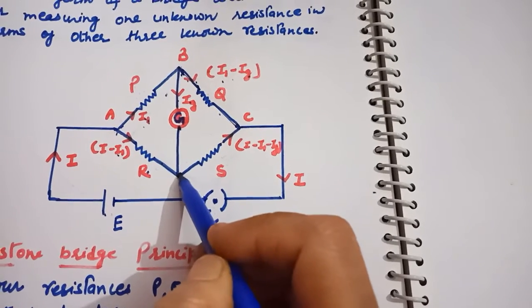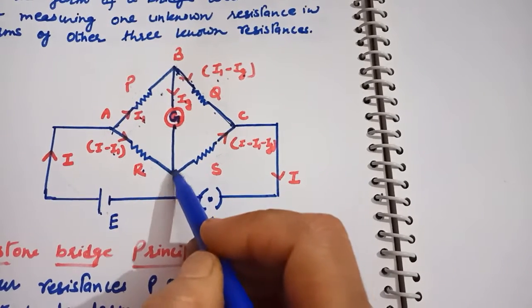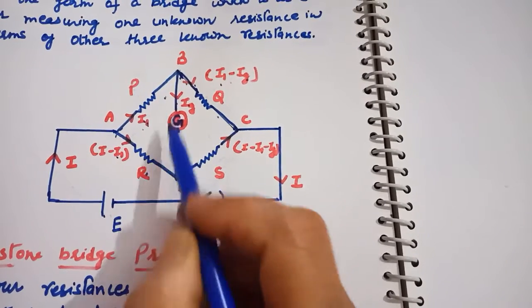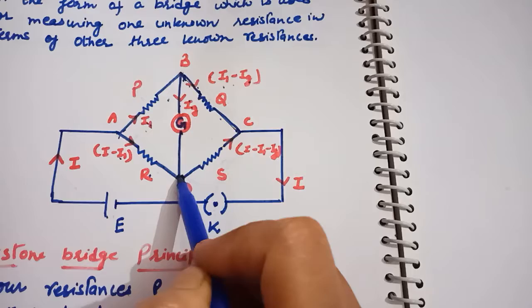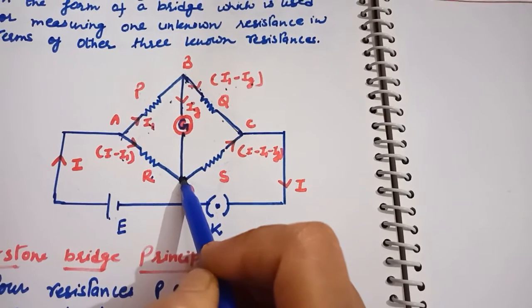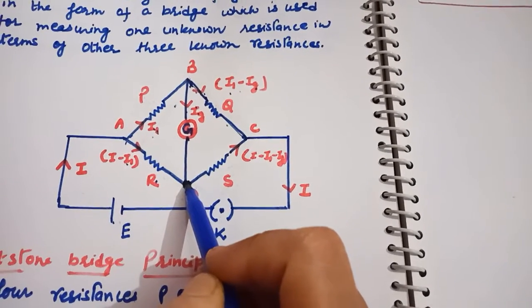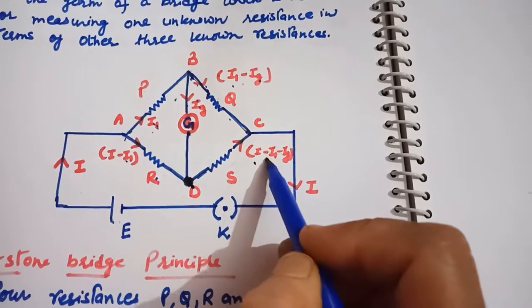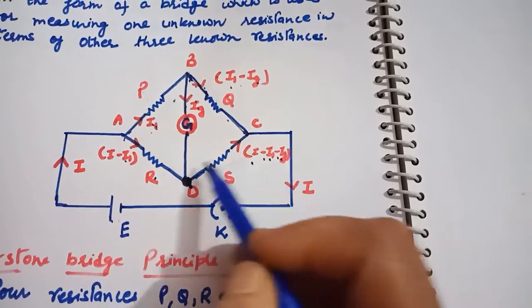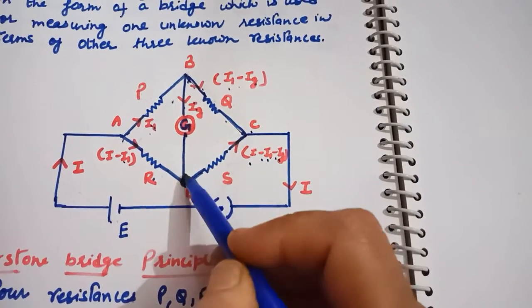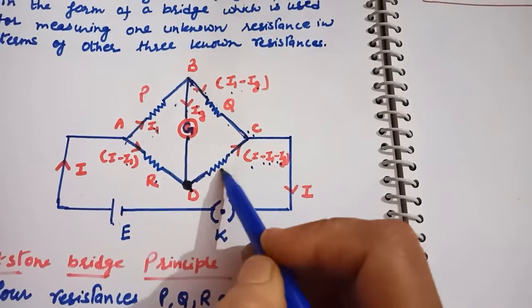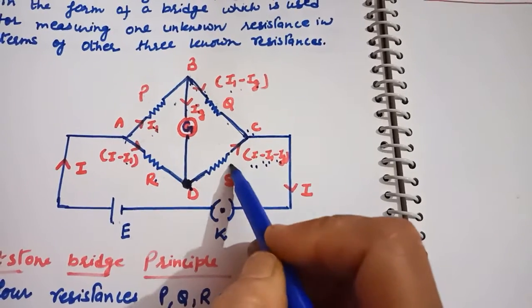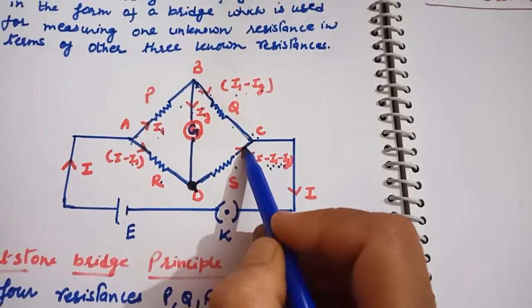So at the point D, you will apply the junction rule. I minus I1 reaches D and Ig reaches D. When you apply Kirchhoff's first rule, that is the junction rule, you will get current I minus I1 minus Ig flowing in the arm DC, means in the resistance S the current I minus I1 minus Ig is flowing.